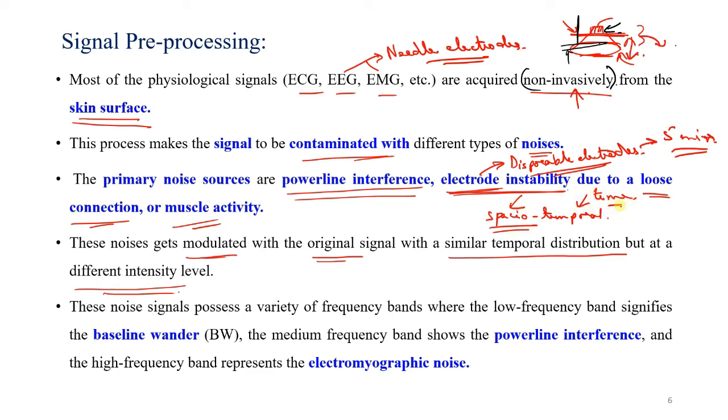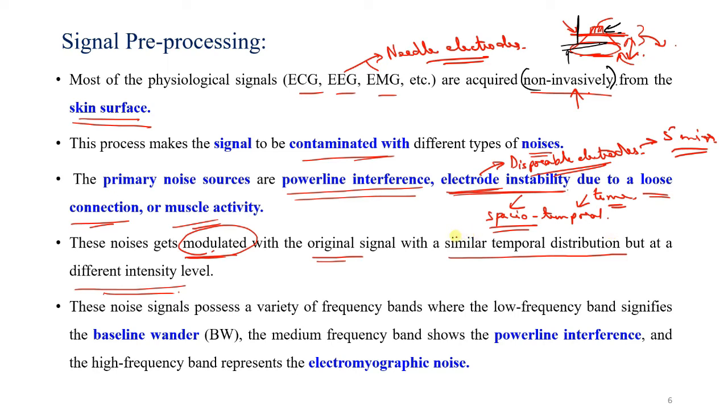So while you are acquiring the signal, along with your signal, since the noises are getting modulated, I hope many of you know what modulation is. So AM modulated or frequency modulated. Usually it can be either frequency modulated or amplitude modulated. Mostly it is amplitude modulated because amplitudes are being added up.